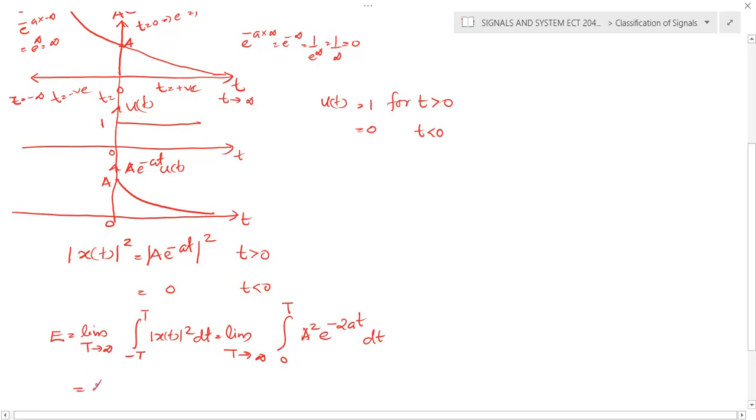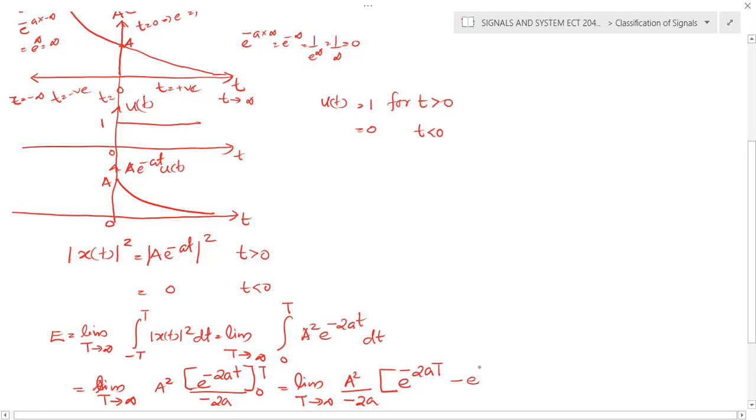Now we need to integrate this equation. A is a constant, so you can write a square outside. So limit T tending to infinity, a square, and the remaining term, if you integrate, becomes e raised to minus 2at by minus 2a, and the limit of integration is from 0 to T. If you rearrange this equation, limit T tending to infinity, a square by minus 2a, and it becomes e raised to minus 2aT minus e raised to 0.